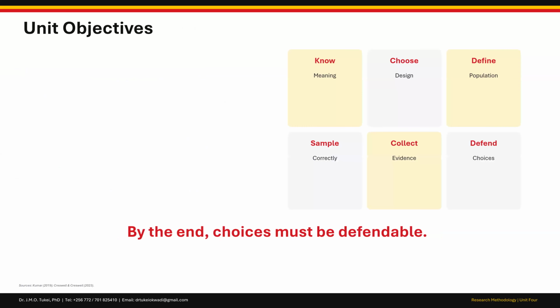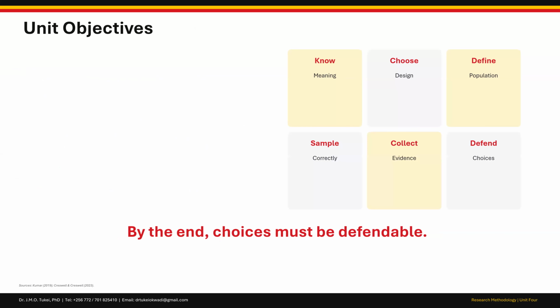When you look at the unit objectives, it is basically about you understanding the meaning of research methodology, how to choose the design, the population, the sampling correctly, collecting evidence, and defending the choices. This is key and very important.